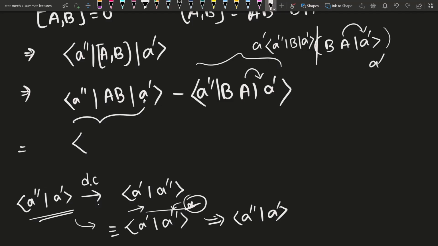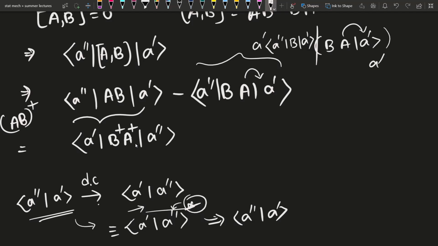This ket will be transformed into the bra vector, and this bra will be transformed to a ket, and this operator will be daggered. AB, its whole dagger, means B dagger first and then A dagger.